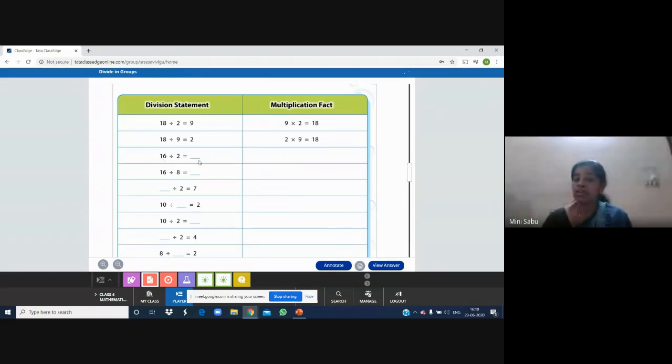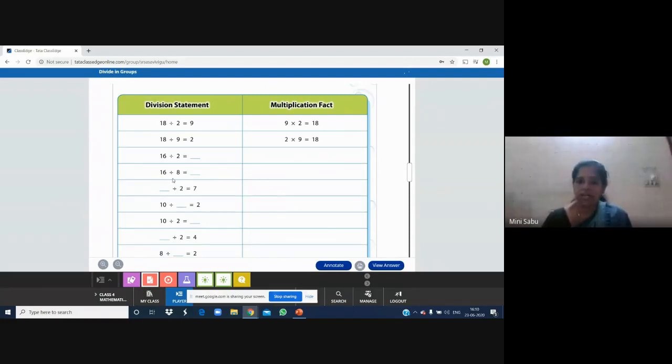You got 16. So what will be the answer here? It will be 8. And its corresponding multiplication fact will be, sorry, the answer is 8. 8 2s are 16. That will be the multiplication fact here.